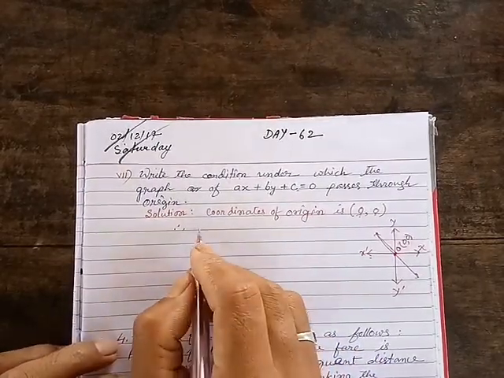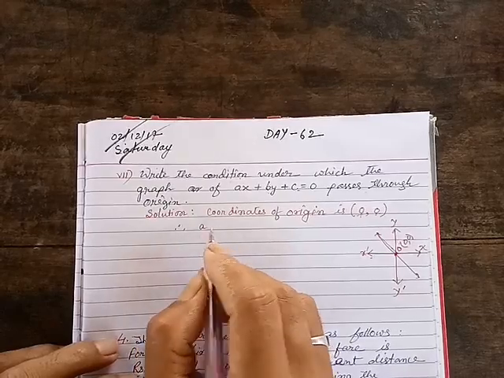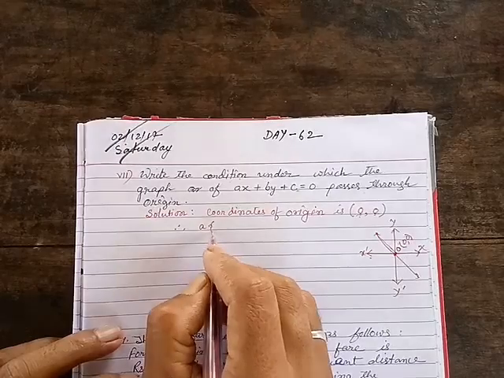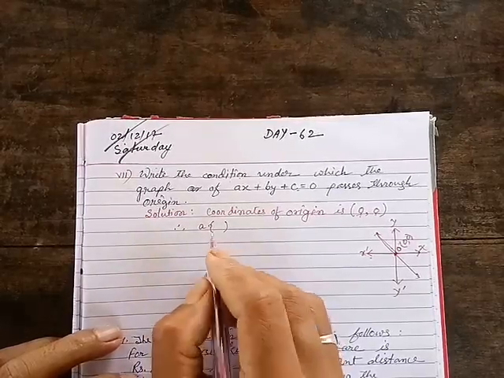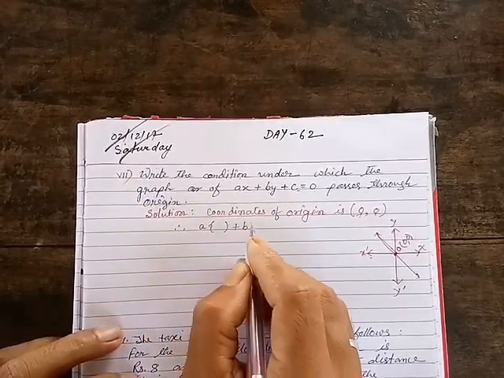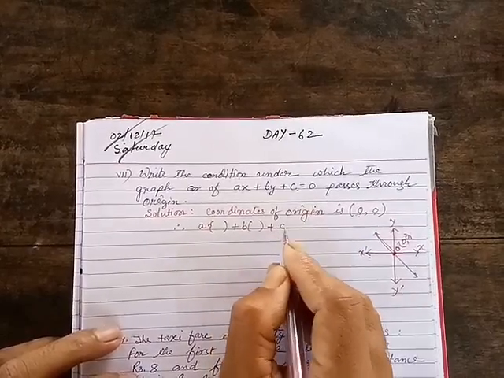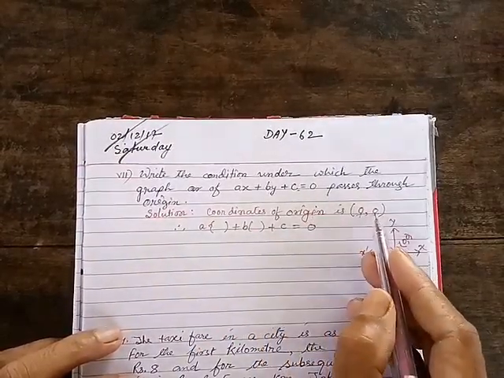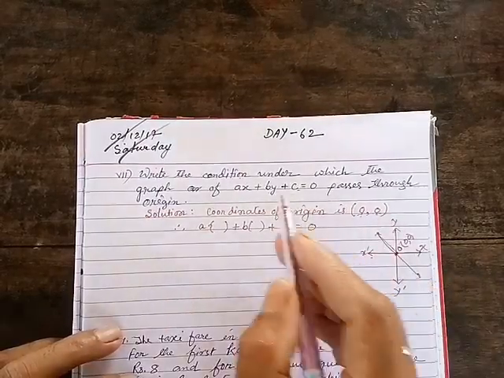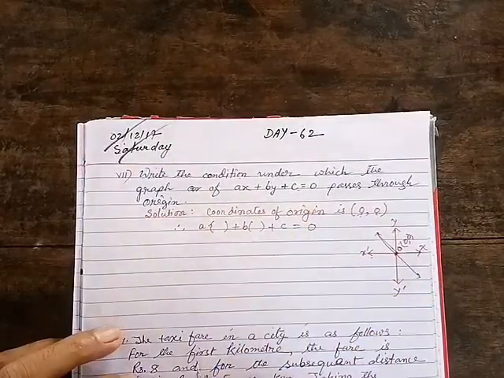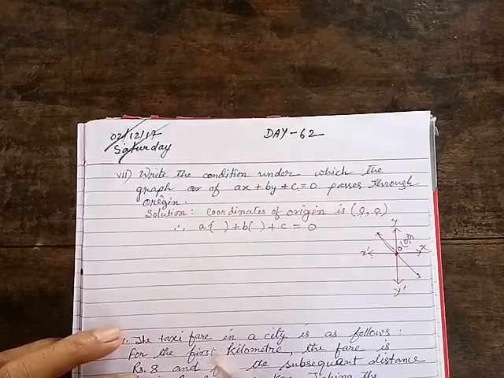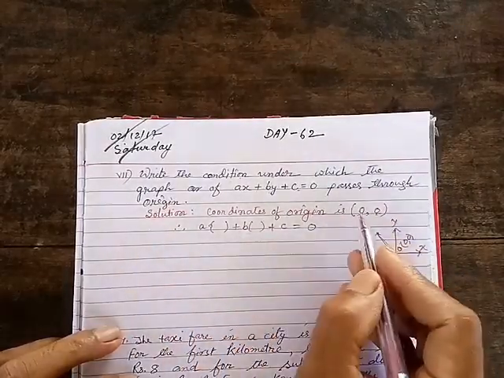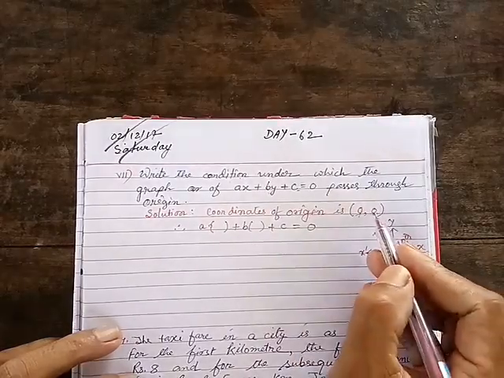Therefore, what can we write? The equation is ax + by + c = 0. Since the coordinates of the origin are (0, 0), it should be one of the solutions of this equation. That means the x value should be 0, the y value should be 0.